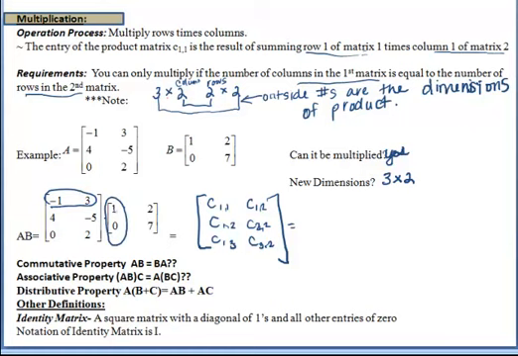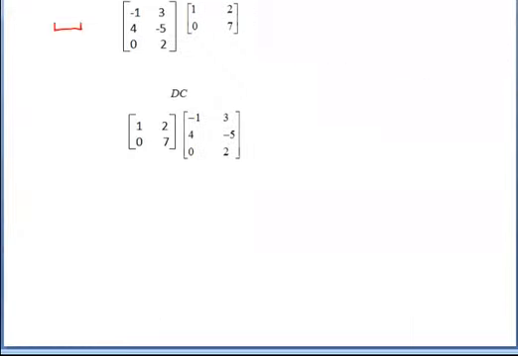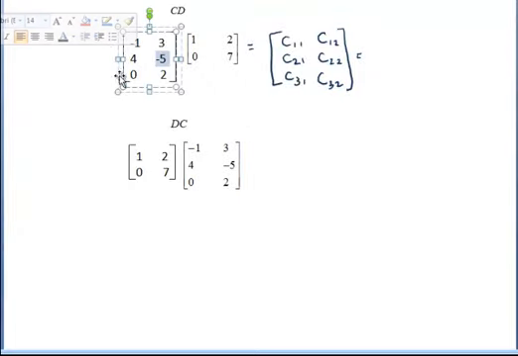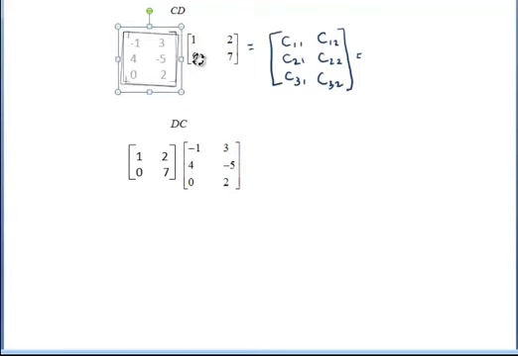It's a little bit confusing because you have to kind of tag this -1 to this 1, this 3 to this 0. What I'm going to show you is I'm going to take this matrix and kind of flip it on its side, just like this. So here, this C1,1 is when I took that row 1 to this column 1.